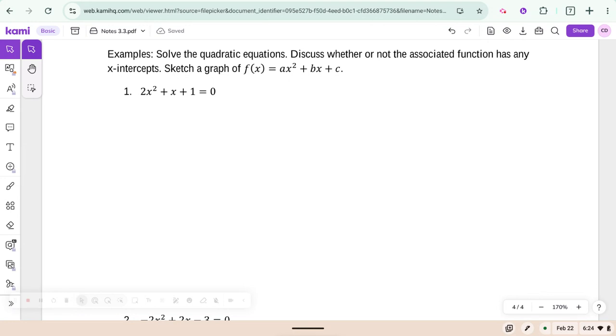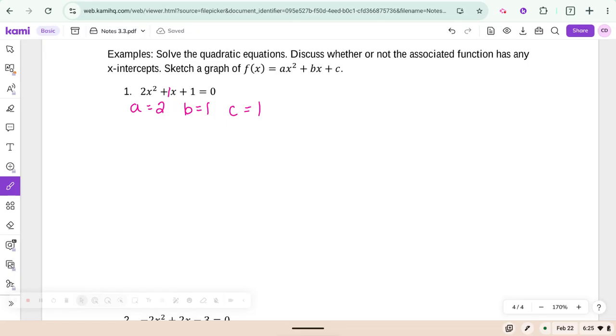Now for the quadratic formula, you want it to be in standard form. And then you're going to pick out a, b, and c. Remember, a is the coefficient of x squared, b is the coefficient of x, which in this case is an invisible 1, and c is your constant, which is coincidentally also 1.